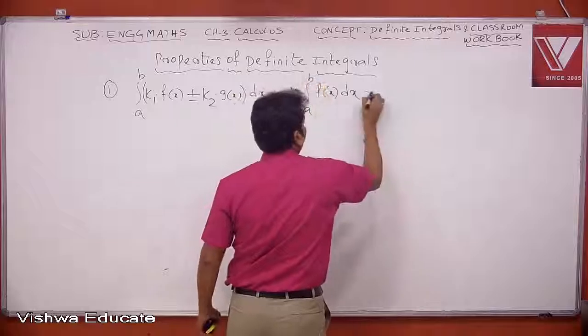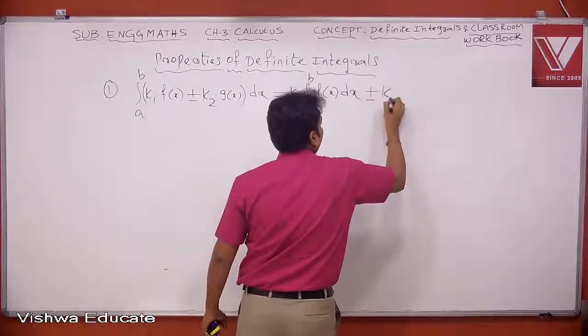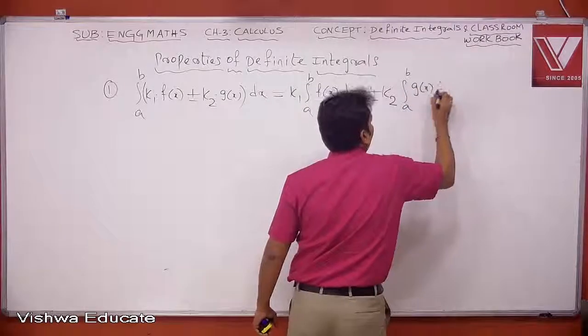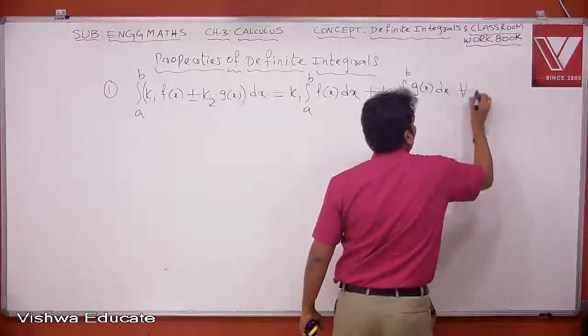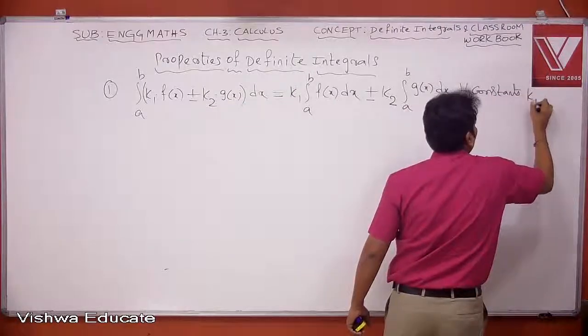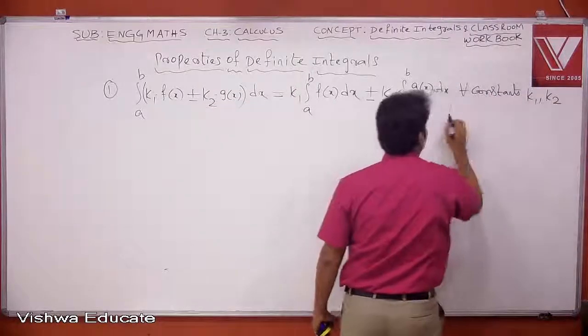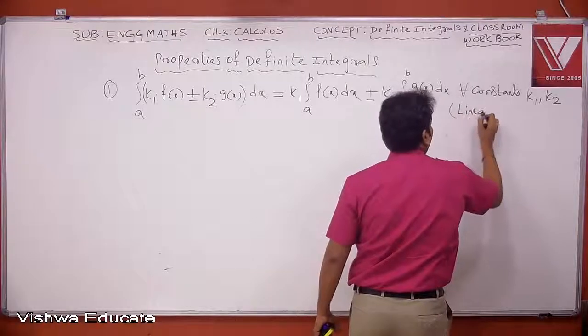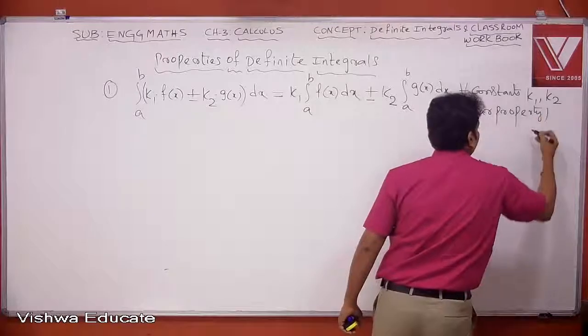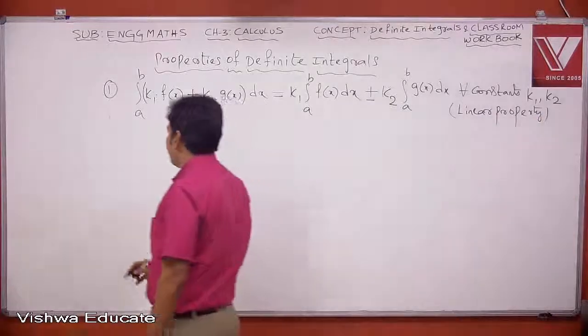If it is plus, write plus; if it is minus, write minus. Plus or minus k2 into integral a to b g of x dx, for all constants k1, k2. And this property is called linear property for definite integrals.